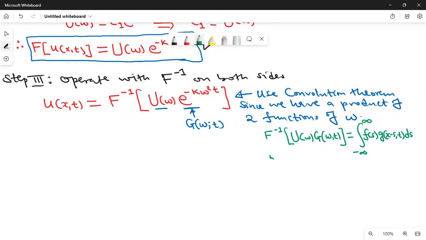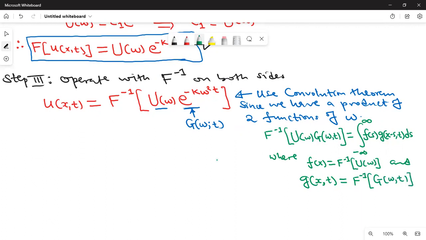Now, what is f of s and what is g? You can say where f of x is the F inverse of U of omega, and g of xt is F inverse of G of omega t.